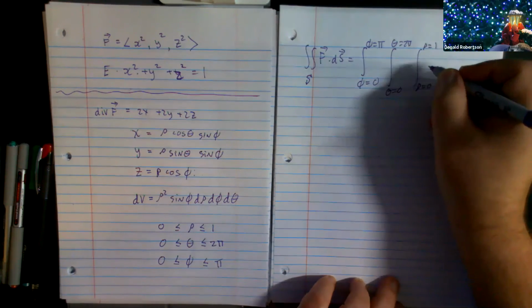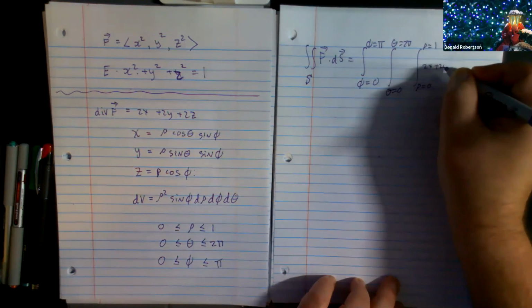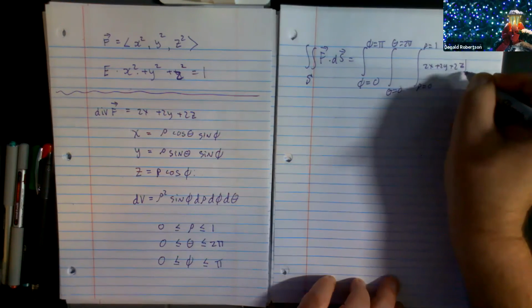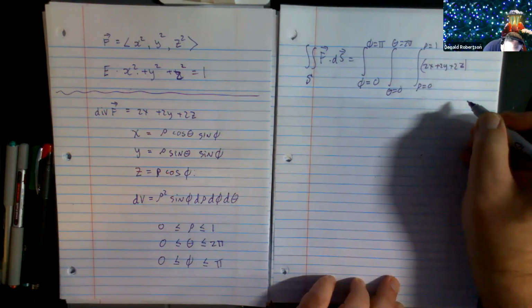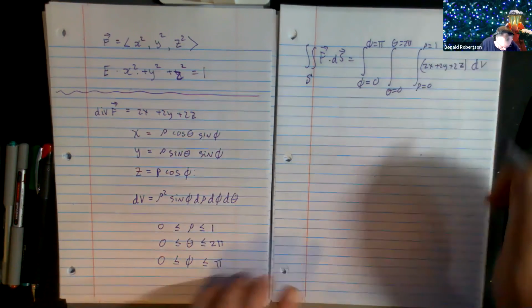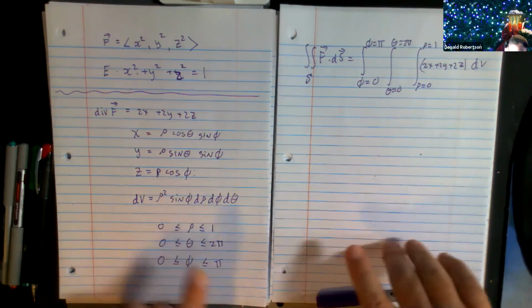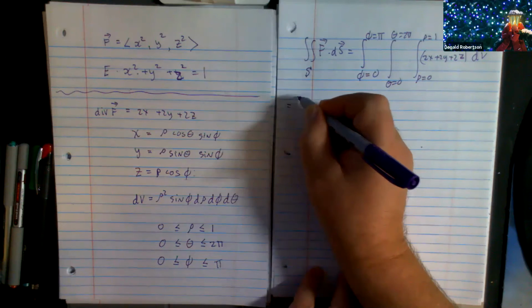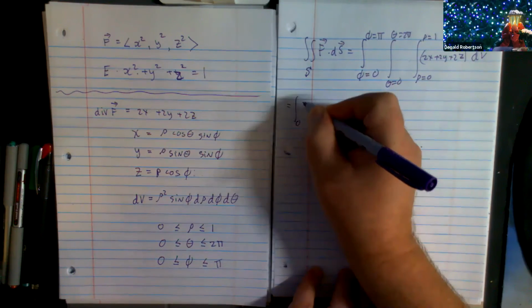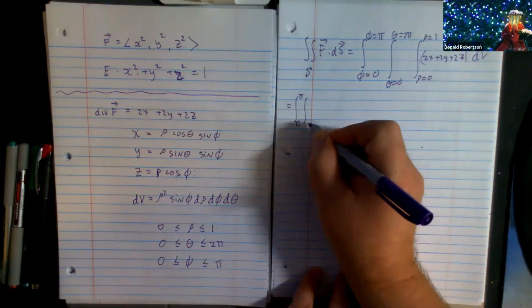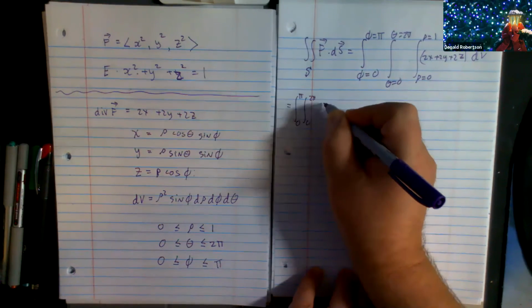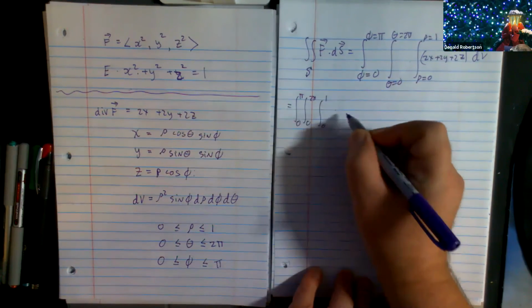And right now I'm going to call it 2x plus 2y plus 2z, and I'm just going to call it dV. But what I'm really saying is it's this guy, right? So that now gives me some room.